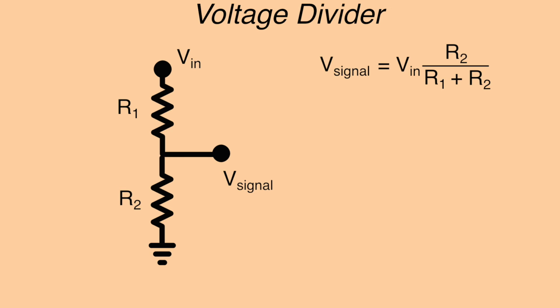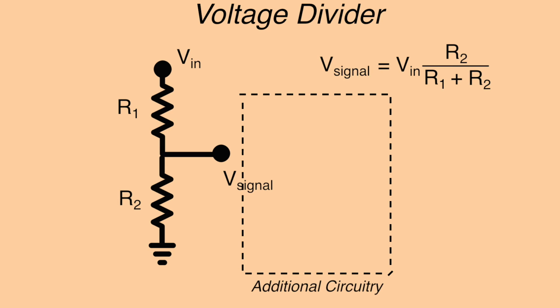We can model many sensors that output a voltage as behaving much like a voltage divider, where one of the resistors, R1 or R2, varies in proportion to something being sensed. That could be light intensity or temperature, force, etc. But we need to measure the voltage V signal in order to do anything with it, and in doing so we must add some additional circuitry.